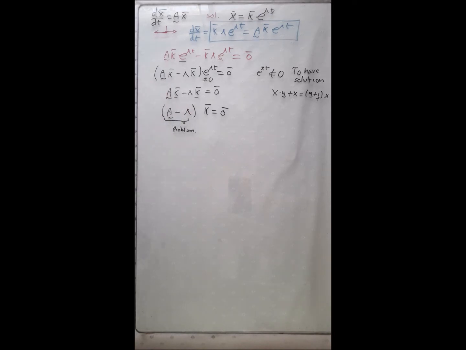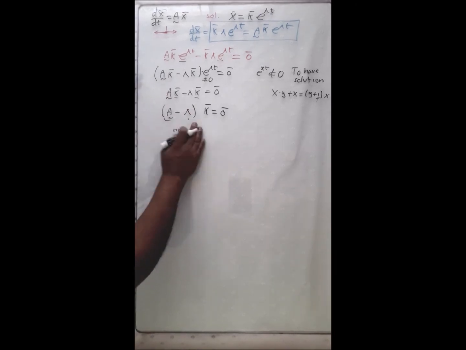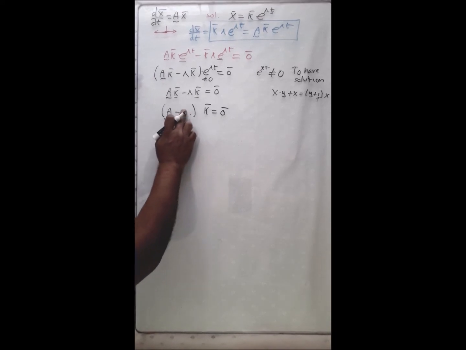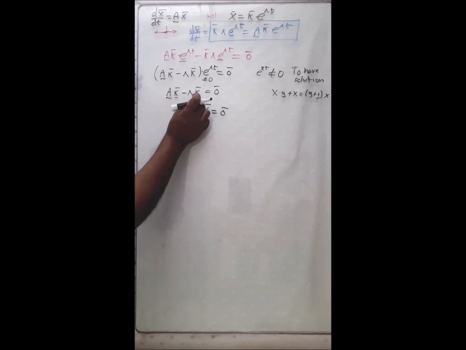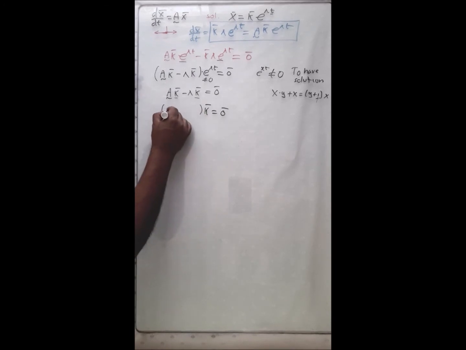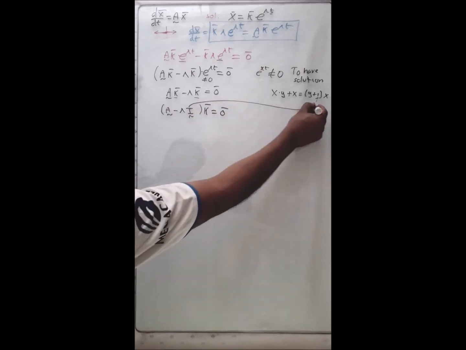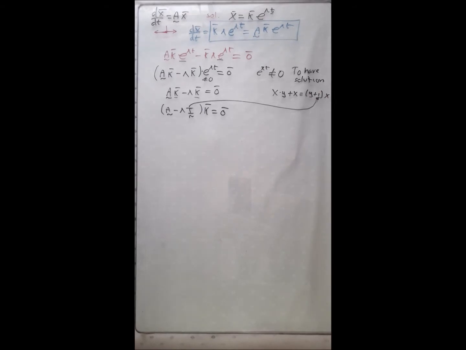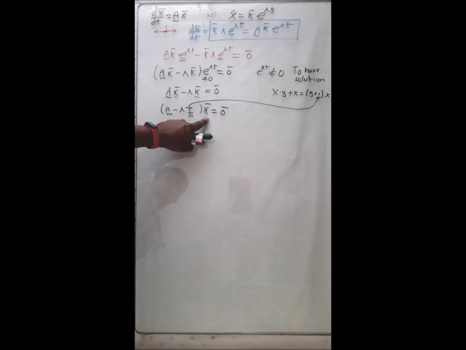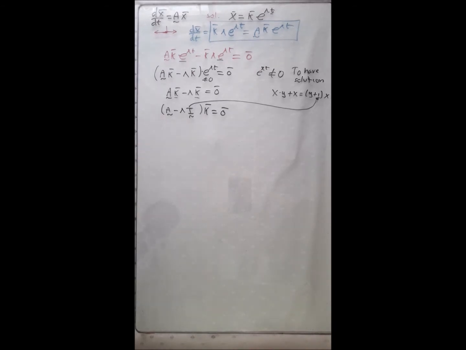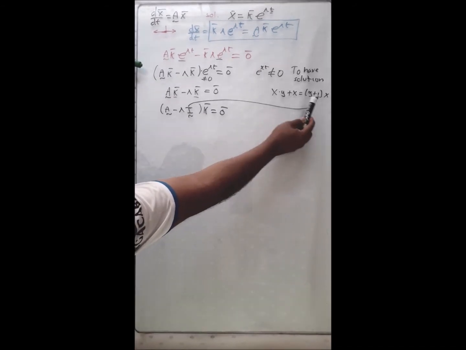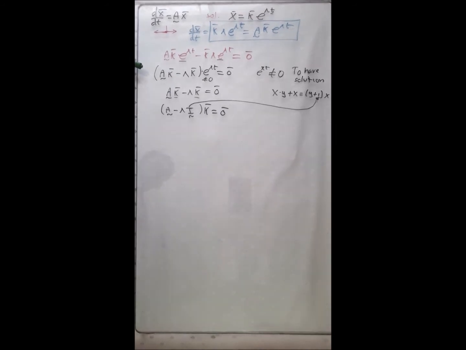Okay, so how do we factorize in matrix algebra? What you have to do here is, if you factorize the k vector, you have A matrix minus lambda times the identity matrix. And this identity matrix is the equivalent of the one in normal algebra, right? So when you factorize the k vector, what you leave behind is the I matrix, just like here, when you factorize the x, what you leave behind is the number 1. Okay, so I hope that is clear.